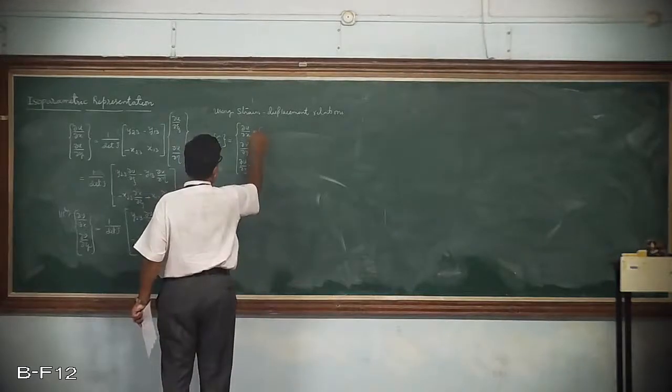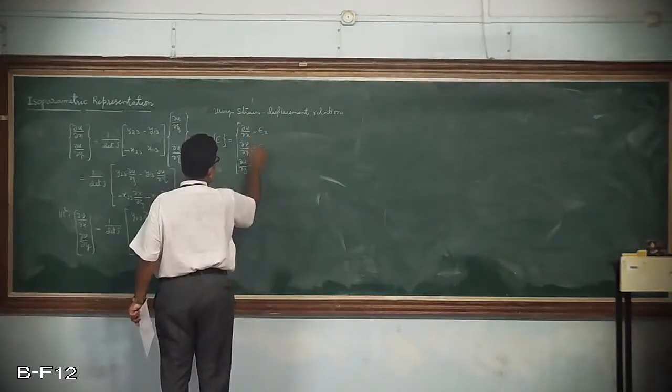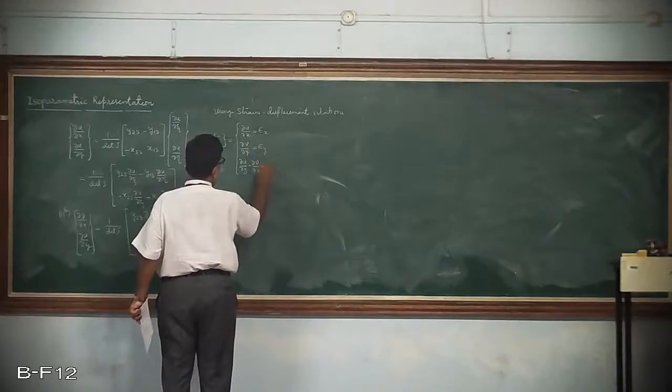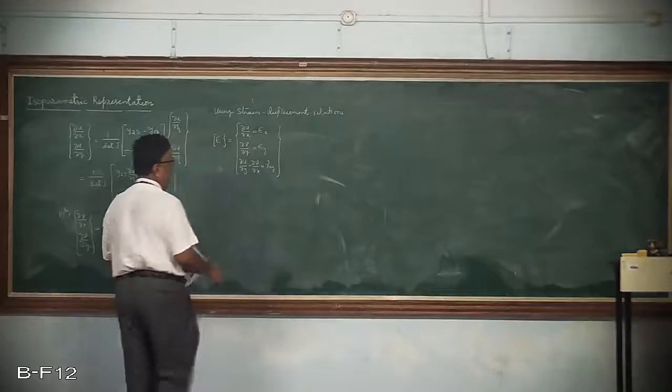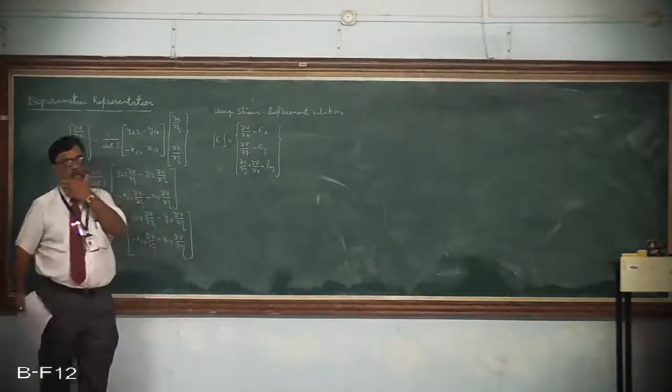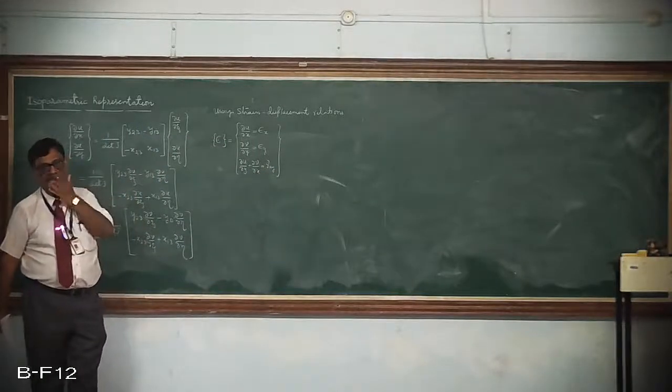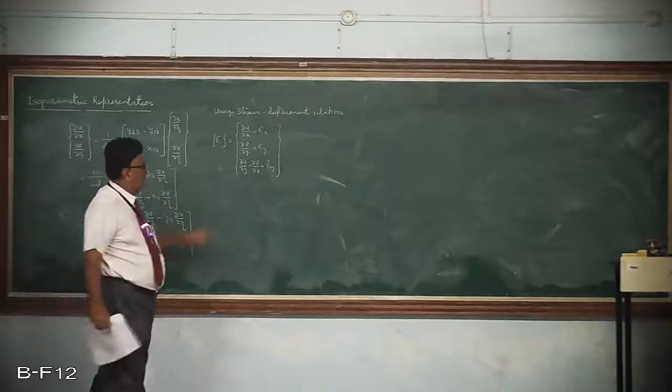See, these two are the normal strains, and this is the shear strain. Epsilon x, epsilon y, and gamma xy are the two normal strains and one shear strain.